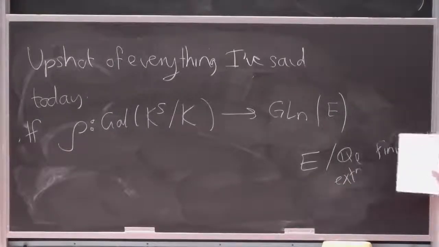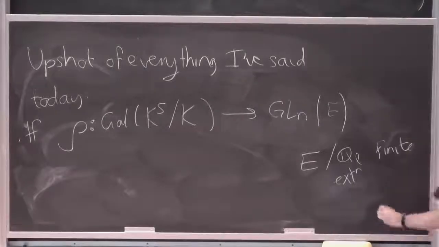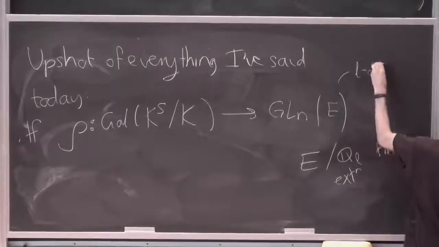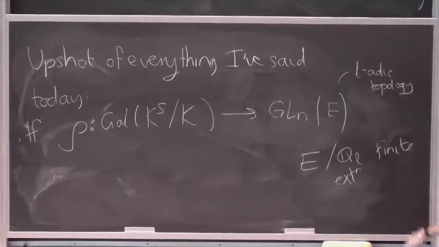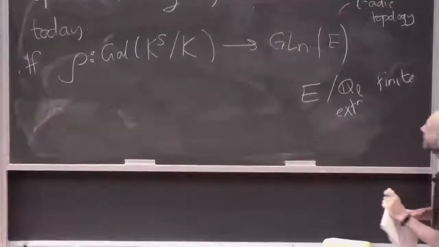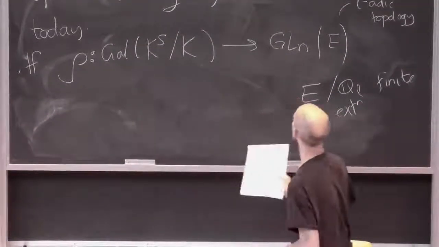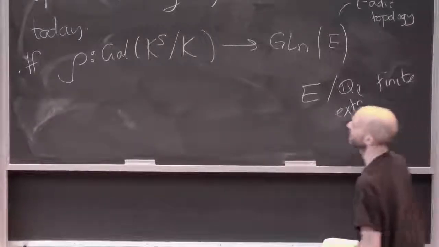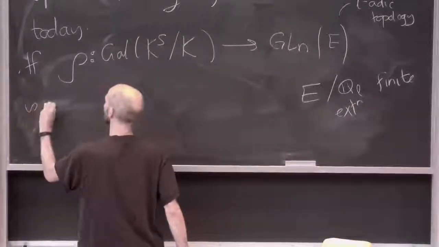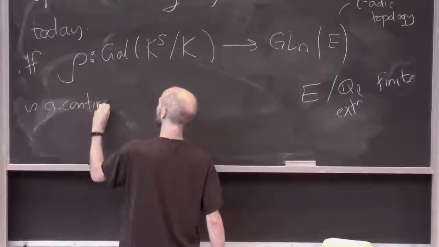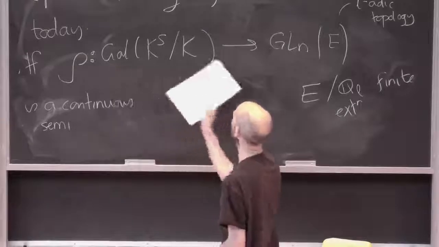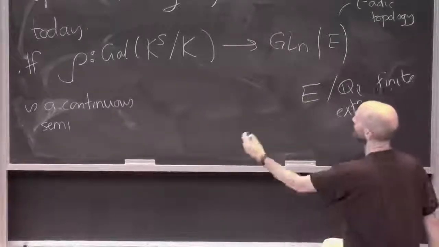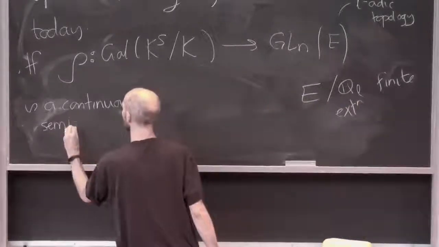So E is some l-adic thing, with some l-adic topology. We'd better see examples of this, because this suddenly looks terrifying, doesn't it? But these are the things that show up in nature. This is my Galois group with its profinite topology. This is a continuous semi-simple representation. If you're worried about semi-simple, don't worry, because all the rhos that show up in practice are irreducible. So a continuous irreducible representation, if you like.